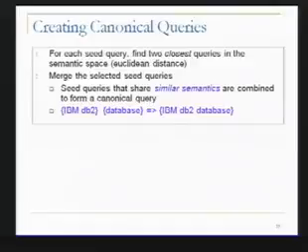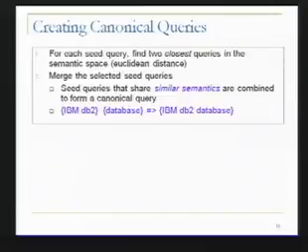The example here, IBM DB2, is a term pair which occurs, let's say, more than 500 times in the document collection, and also database, which occurs more than 500 times. In the semantic space, if these 2 are together, that means they are topically related, so we can combine them to create a new query, a canonical query, IBM DB2 database.